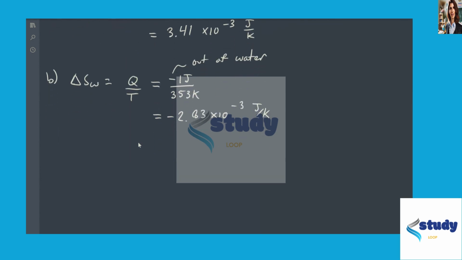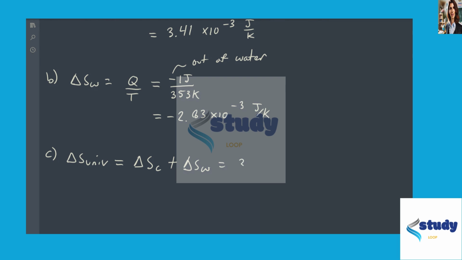And lastly, the change in entropy of the universe is simply the sum of these two changes in entropy. So the change in entropy of the copper plus the change in entropy of the water.